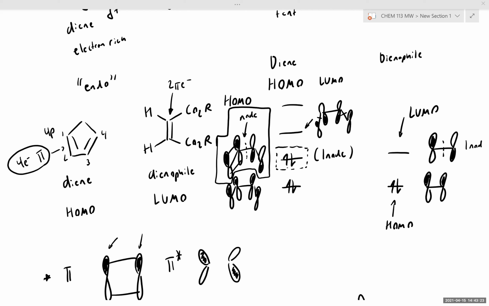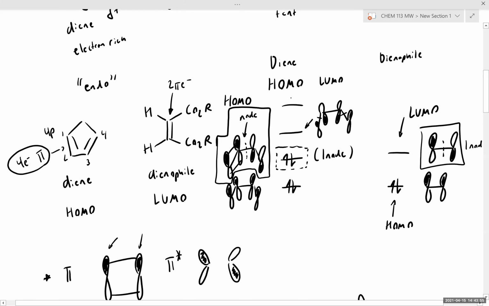The dienophile is overwhelmingly electron deficient, as that helps promote an efficient Diels Alder reaction because it helps tune your dienophile LUMO energy for effective orbital overlap. Okay, so we have 2 pi electrons. In this case, our HOMO has 0 nodes and our LUMO has 1 node. Okay?